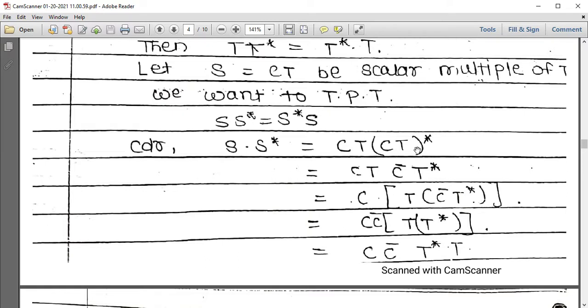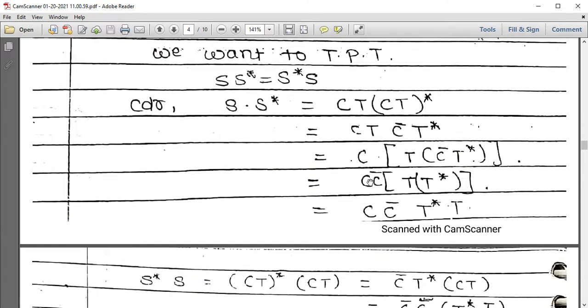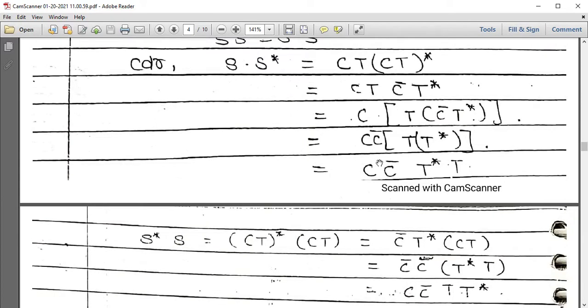C times T in bracket star, we can write like this: C bar T star. So C as it is, T, then C bar T star, which is equal to C C bar T T star. But T T star is nothing but T star T. Hence it is equal to C C bar T star T.